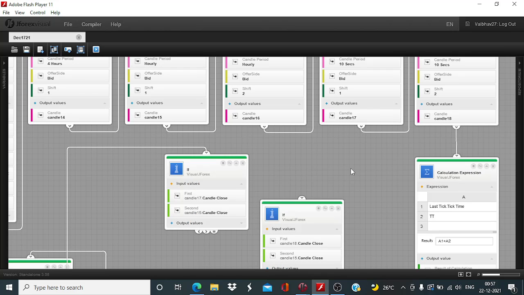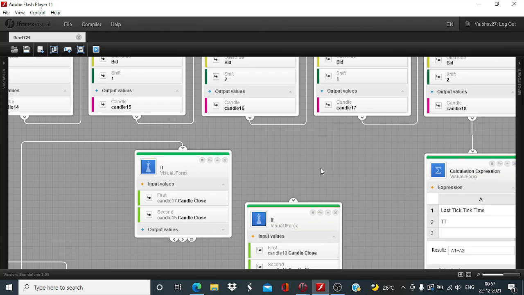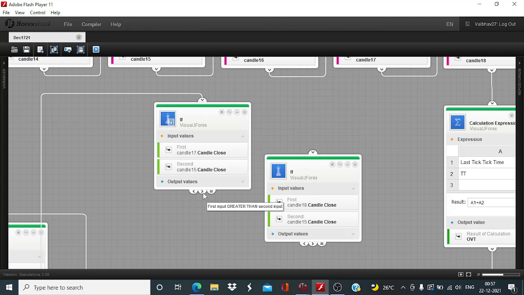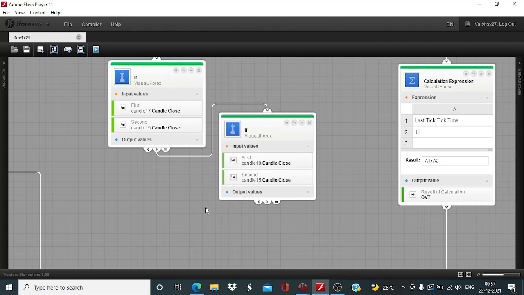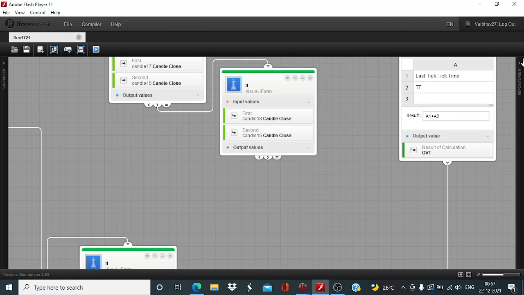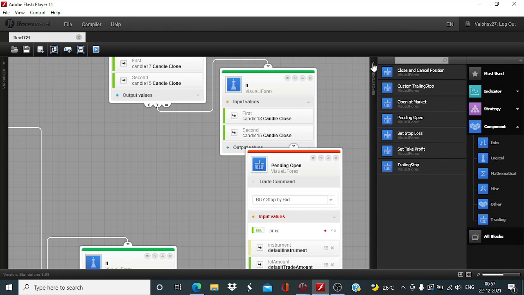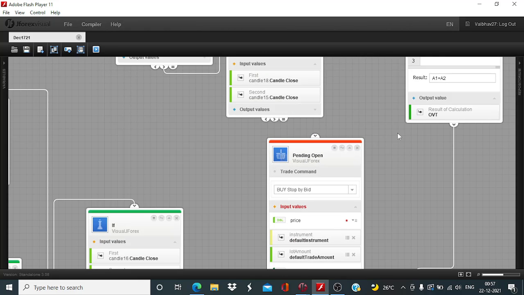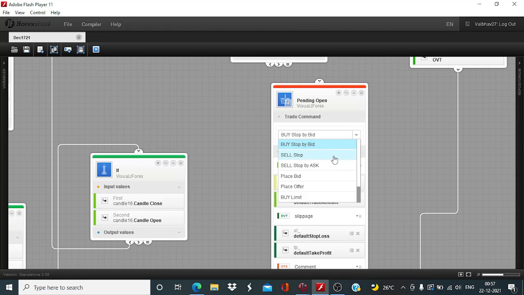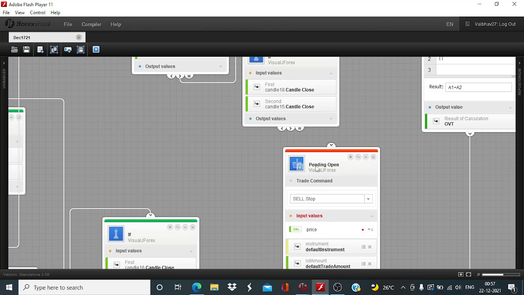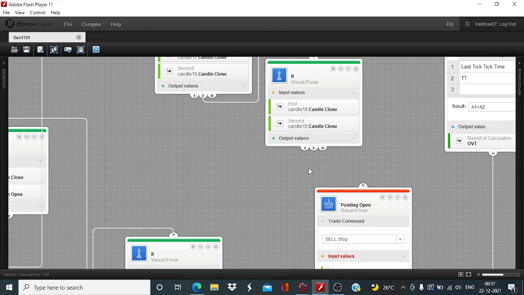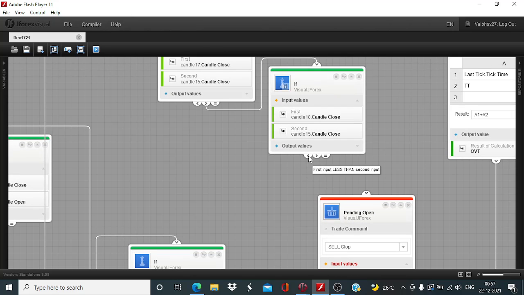Candle 17 is the last 10-second block, and we need its closing value to have been greater than the candle 15 candle close. And after that we bring in the trade command block pending open. It will be a sell stop order. First input less than second input.